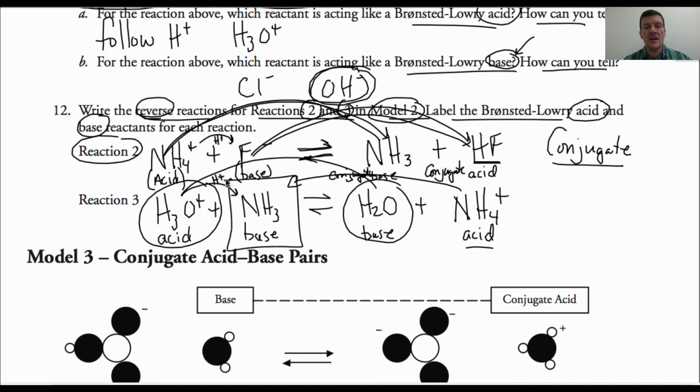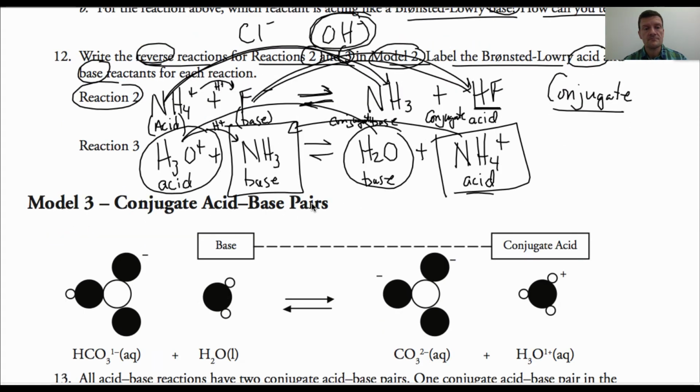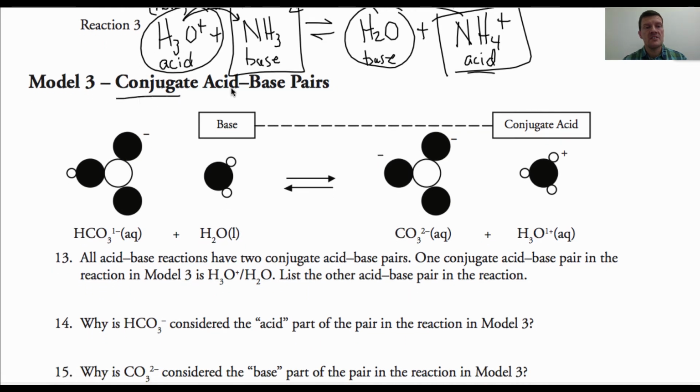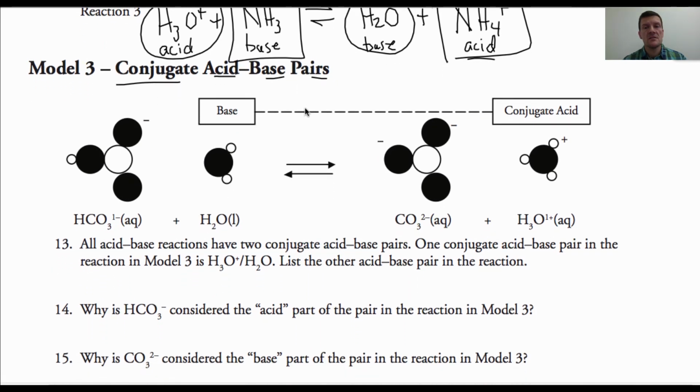And here's another base and conjugate acid pair. Those are paired up too because one comes from the other due to the transfer of that H plus. Okay? Here we have indeed our conjugate acid-base pairs.